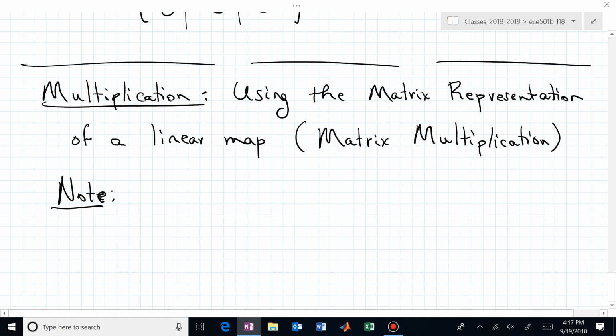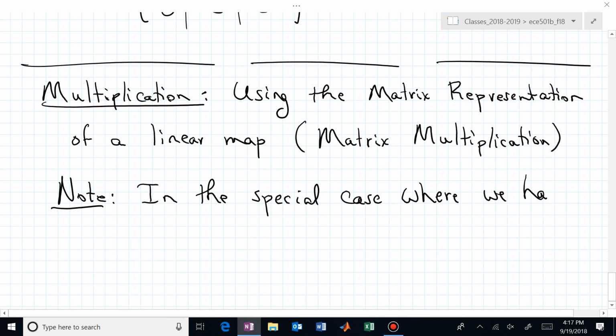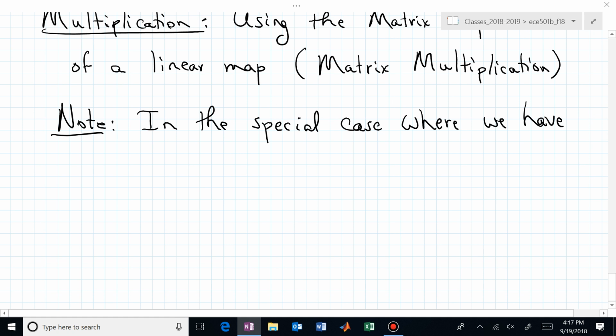As a note, let's say in the special case where we have the following.